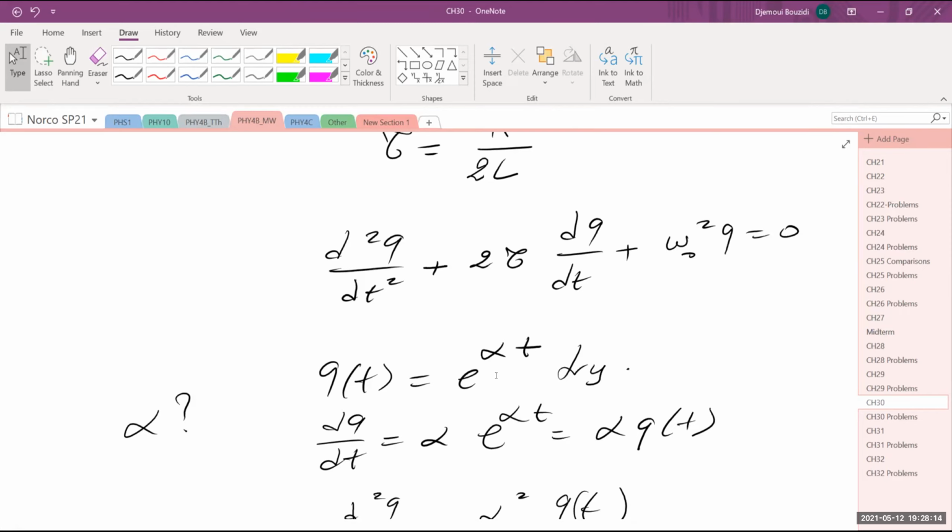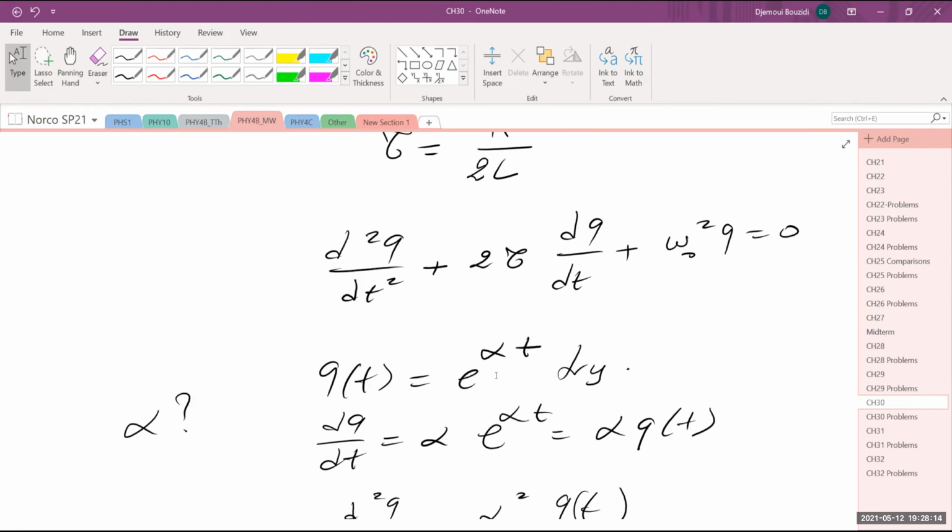So let's look at the solution now and see what it means, okay? First of all, we have Q sub t again is going to have this form. We will have A, which is just a general constant, and this better be complex now. Now we're dealing with complex stuff.